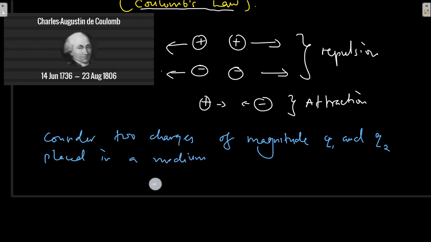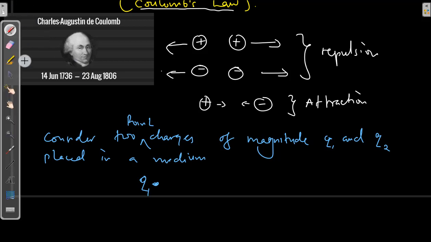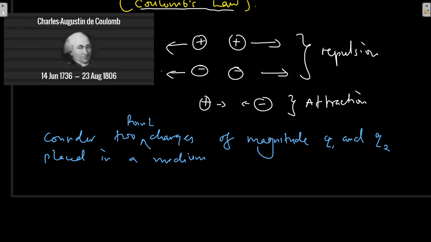By the way, we are talking about point charges. I'll talk about why we use point charges in a later chapter. So we have two point charges, Q1 and Q2, just to make them unique.